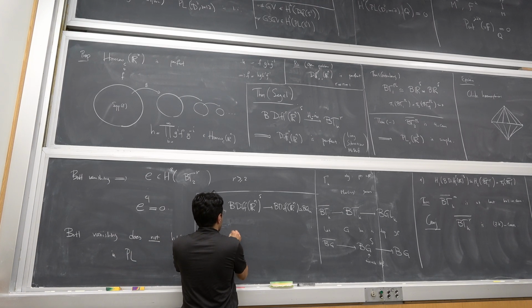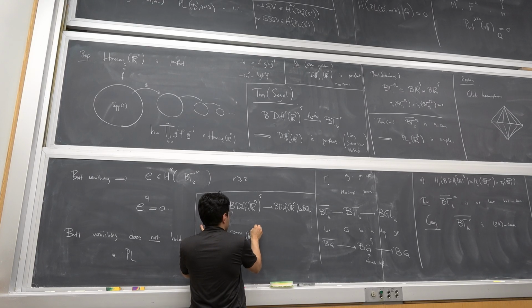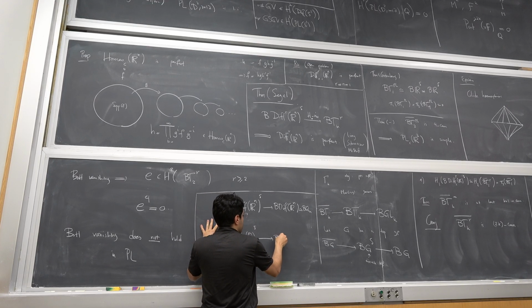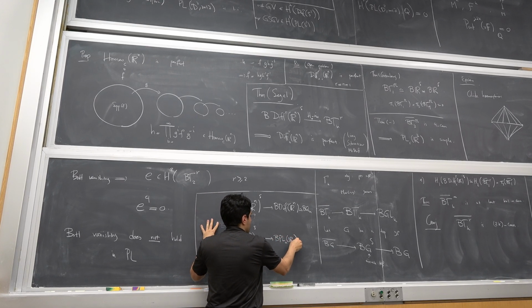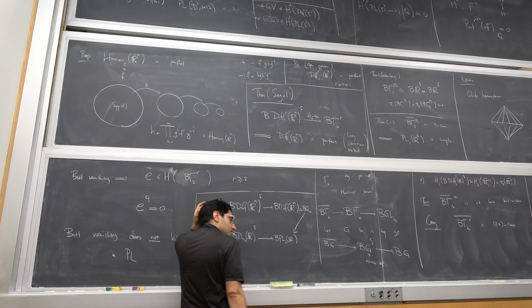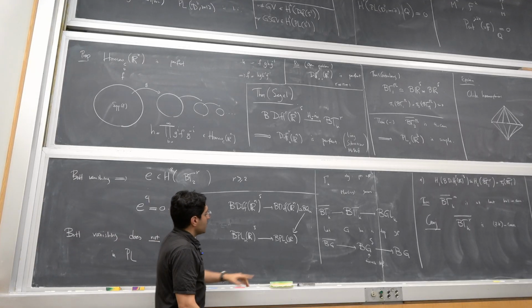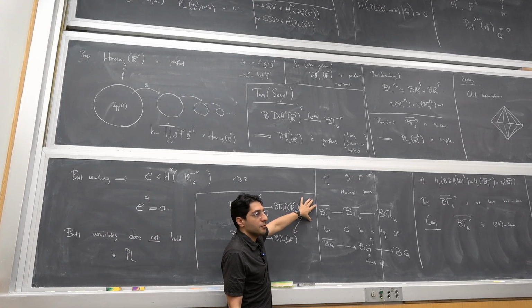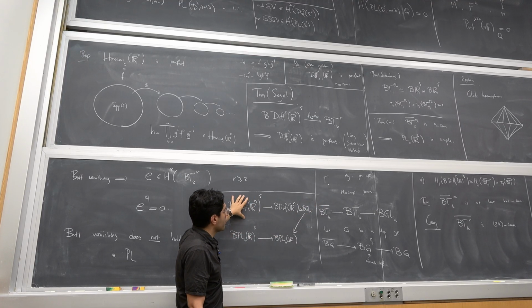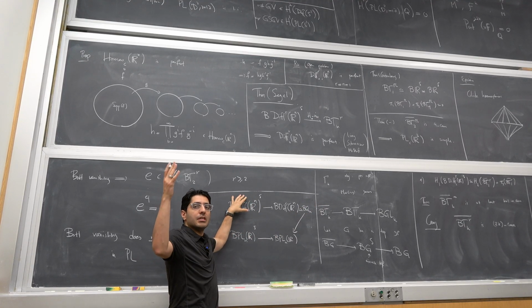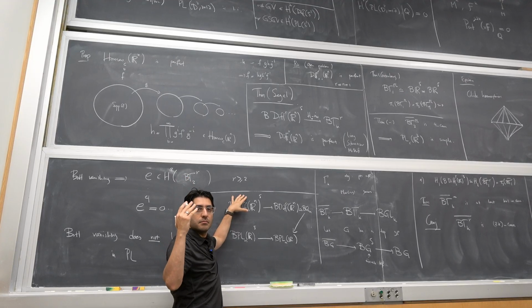There is also BPL_n, R, discrete, and BPL_n. And BGL_n maps here. So Bott vanishing tells you that if you look at the Pontryagin classes here and pull them back here, they're going to vanish in higher degrees.